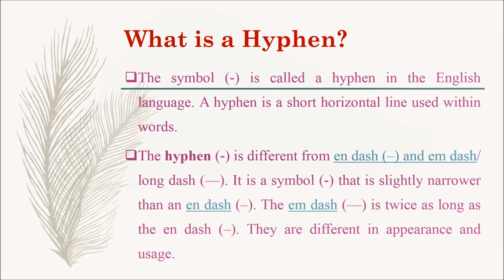So, let me explain this. The hyphen is a symbol that is slightly narrower than an N dash. Then the M dash is twice as long as the N dash. So, they are different in appearance and usage.